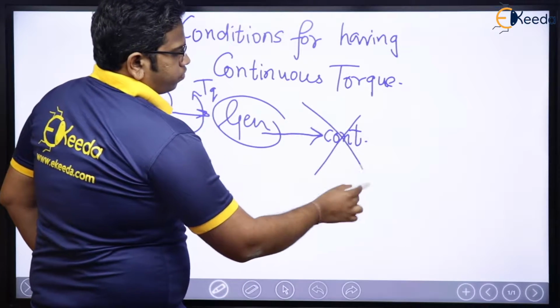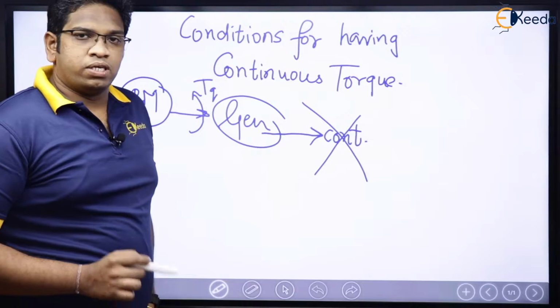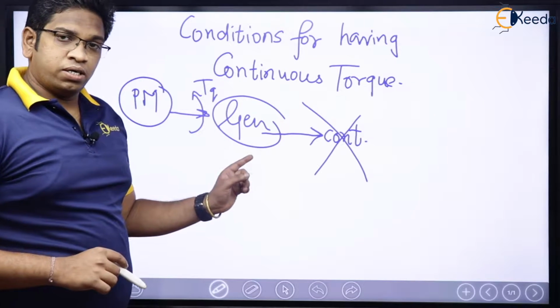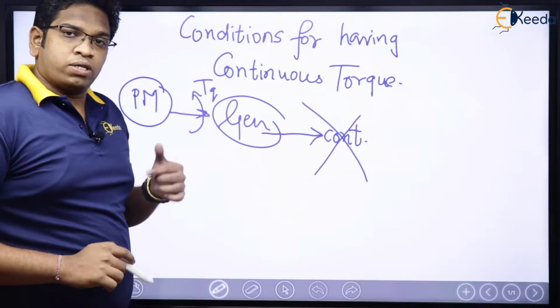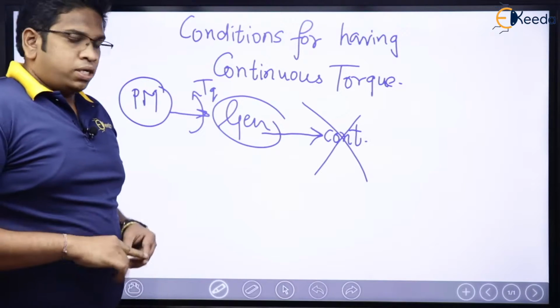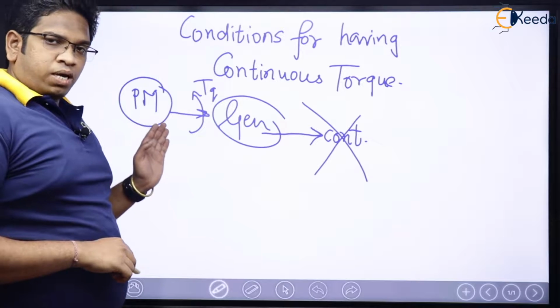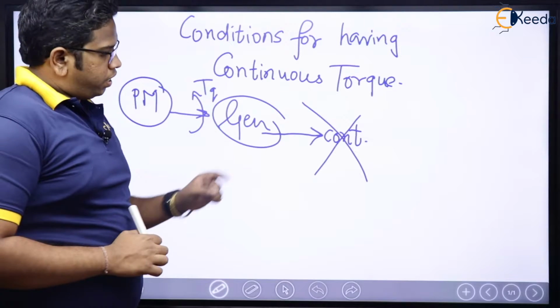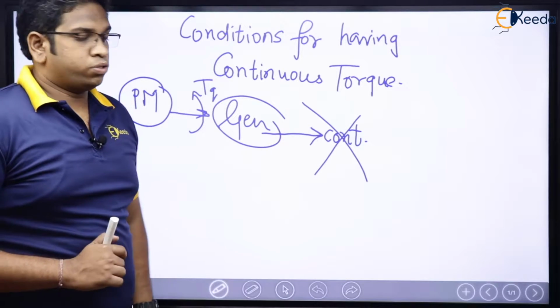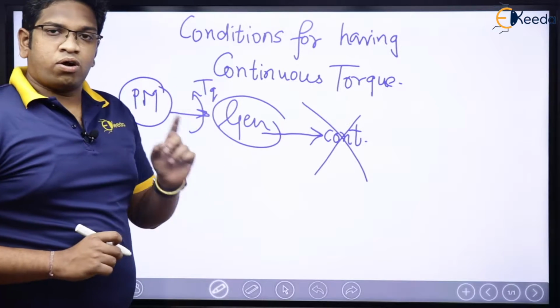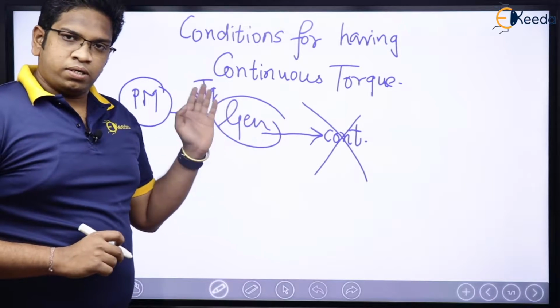The generator torque has to be continuous, so that mechanical power is continuously absorbed by the generator, and at the output I have continuous electrical power. So the importance of having a continuous torque is this.